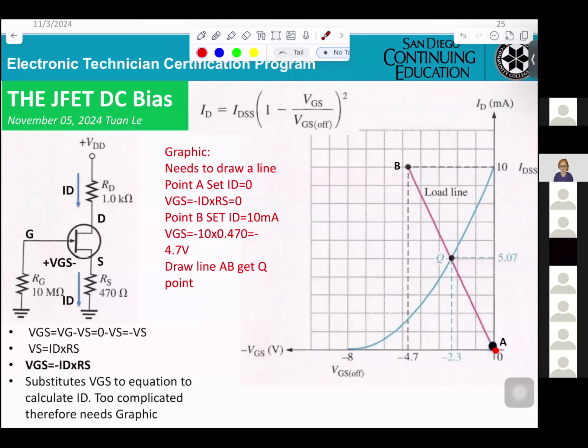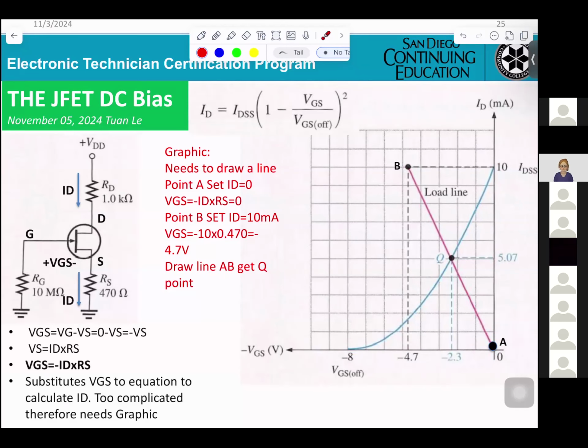But for point B, you have to know what ID you want. If you don't want 10, you can get any point here. In other words, you can make point B whatever you want. But they already get 10 milliamp here, so that's why they picked that.